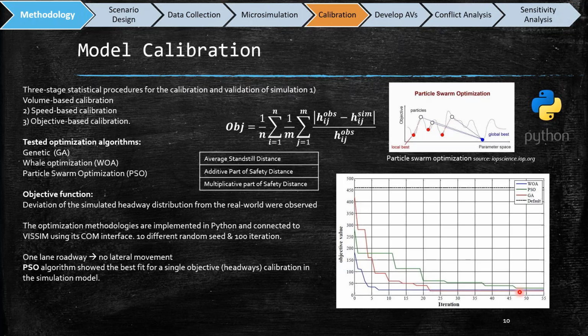This is the deviation of the headway distribution, and by evaluating the final results that we found for this distribution of the headway, we found that PSO has a better result, and we can rely on parameters of the driving behaviors based on the PSO.